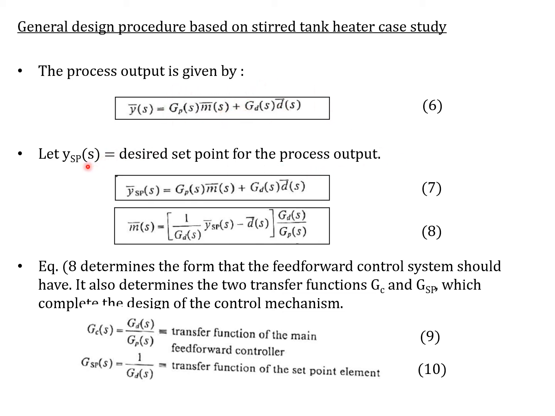Okay, and if set point is a requirement, we design M, the manipulated variable, in this form. This is the standard general form, and from here we can see that GD over GP is called the transfer function of the main feedforward controller, and the GSP, 1 over GD, is called the set point element. This is the general equation for the feedforward transfer function.